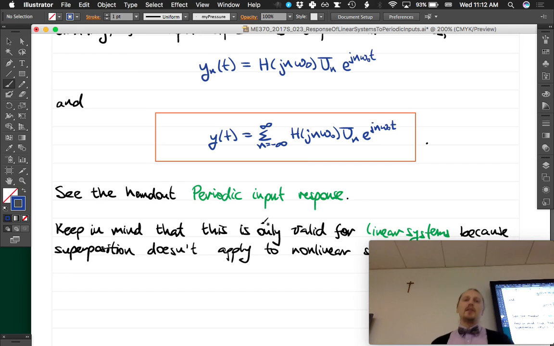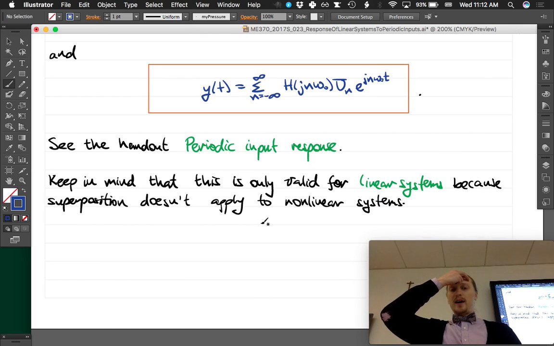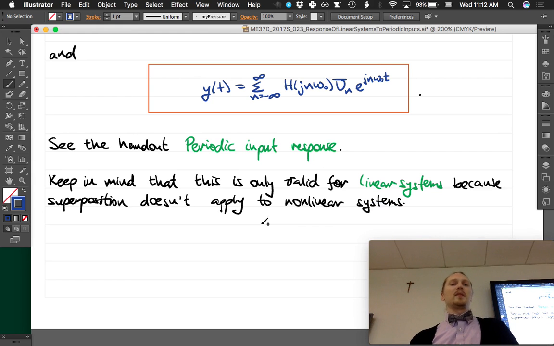So before we see the periodic input response handout, I want us to keep in mind, like I said, this is only valid for linear systems because superposition does not apply to nonlinear systems. So important to keep in mind.